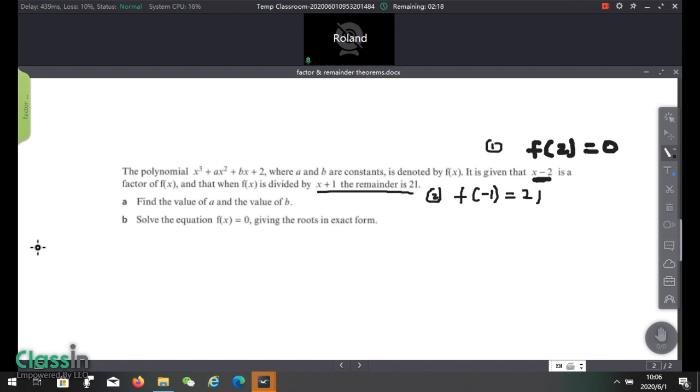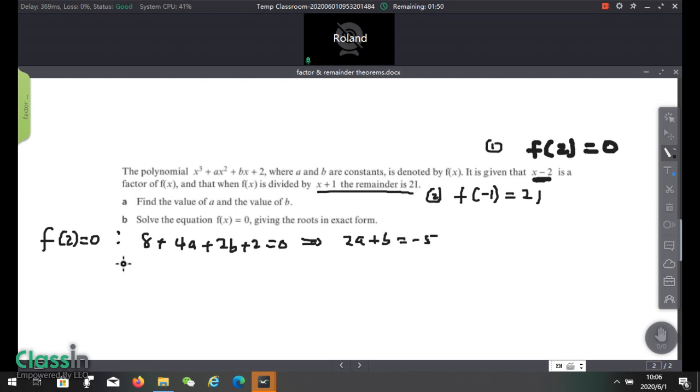Let's see. If f of 2 equals 0, that means 2 cubed gives 8, plus 2 squared is 4a, plus 2b, plus 2 equals 0. And we can simplify this to 2a plus b equals negative 5.